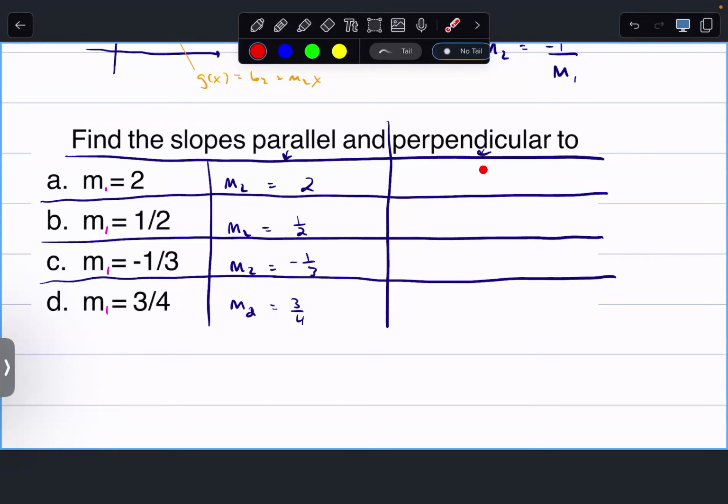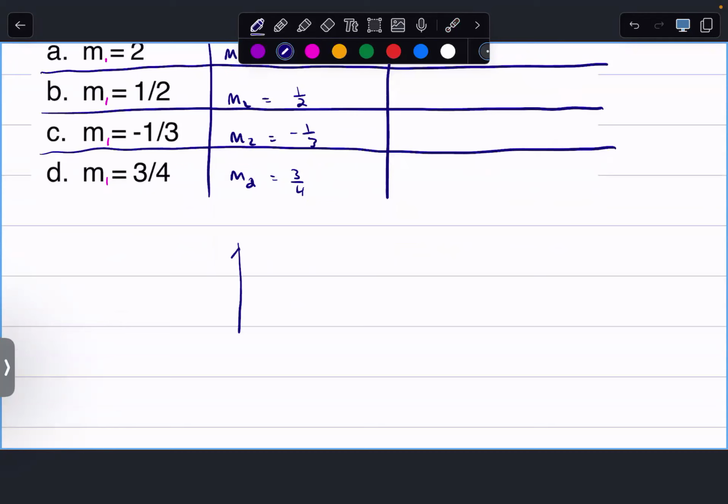This one though, if I want to find the slope M2 that's perpendicular to a slope of 2, right? A slope of 2 looks like something like this, a positive, upward incline. So then I'm expecting a negative slope running the other way, right?